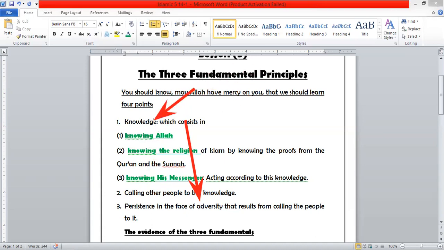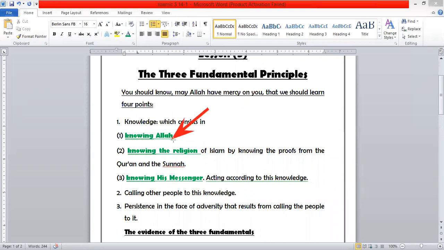Knowledge comes first for every man and woman. The knowledge of Allah, the knowledge of religion, and the knowledge of Prophet Muhammad, peace be upon him, is fard on each and every Muslim. The person who doesn't have knowledge of these three things is not a complete Muslim.